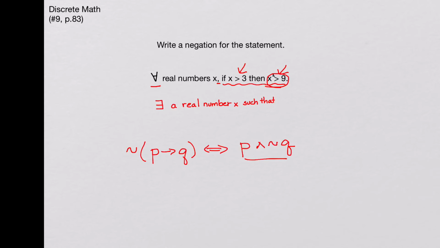So let's keep going. We're going to say there exists a real number x such that x is greater than 3. So we're going with the first part just as it is, and now we're going to form the negation of our inequality. So we're going to say and x squared is less than or equal to 9. Now you might say, couldn't I write x squared is not greater than 9?